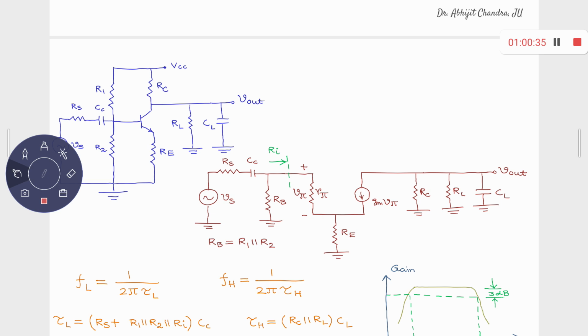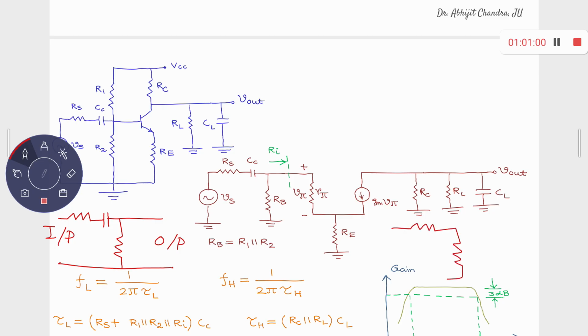So the effect is what? Of a low pass filter. So basically, as I've told you, that one circuit is this, right? Input versus output. This one is input, this one is output, and the other circuit is this.